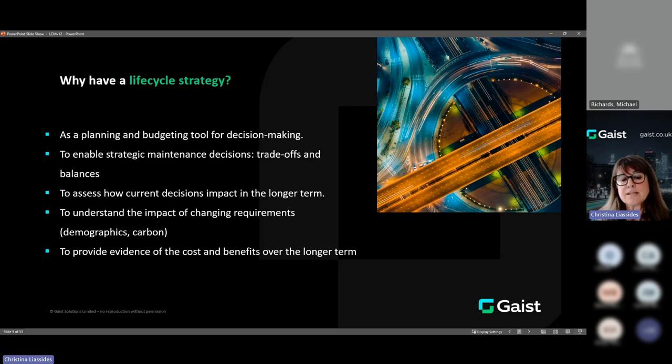You can assess how current decisions impact in the longer term, and again, that's quite important. If you're doing things in a certain way, what happens in the longer term? If you're only doing resurfacing, for example, how does that pan out over the longer term? The impact of changing requirements, again, that's another really big thing. We know that in the UK, generally, we're getting a more elderly population.